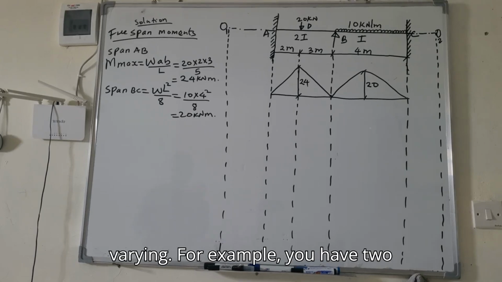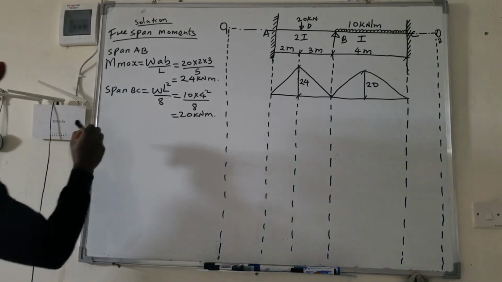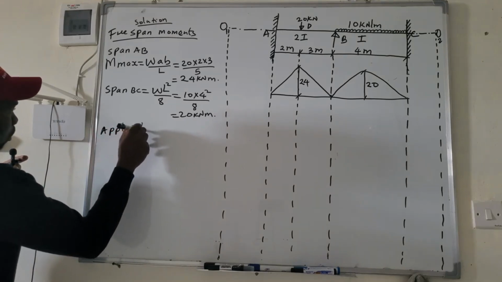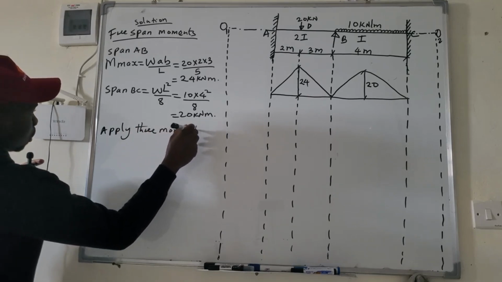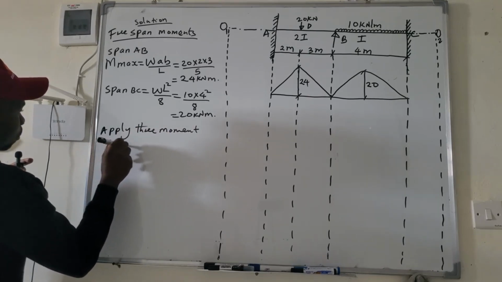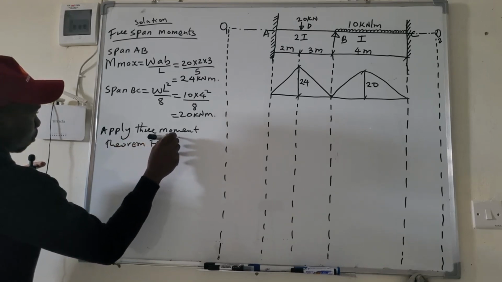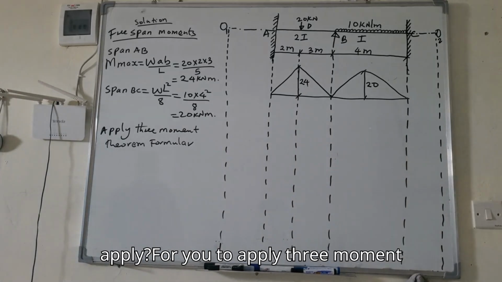For example, you have 2I and I. So, apply three-moment theorem formula.